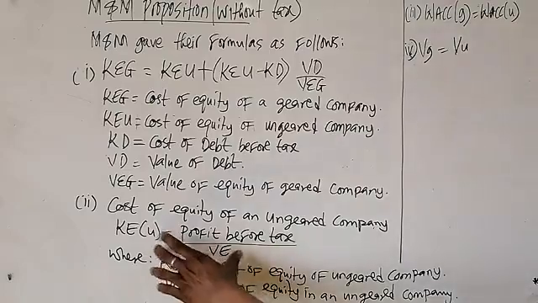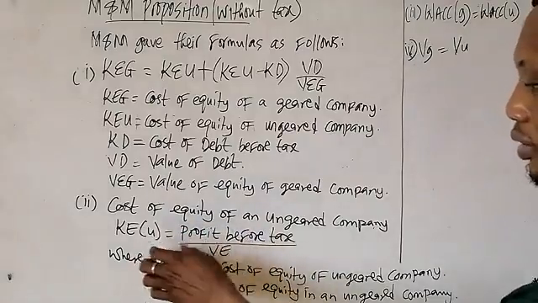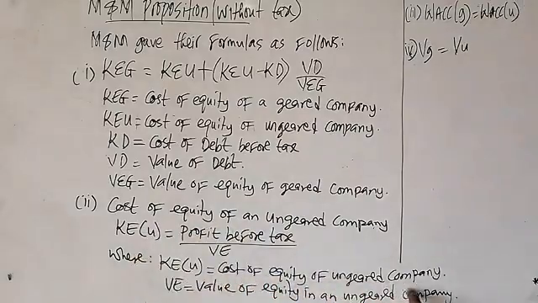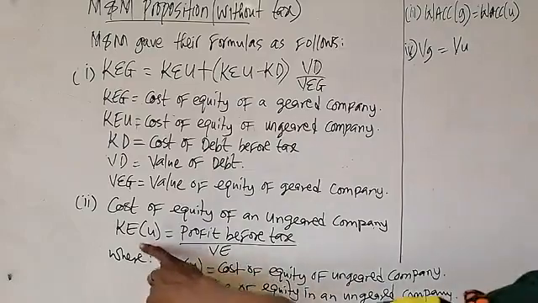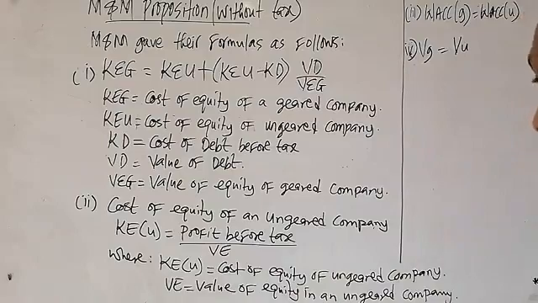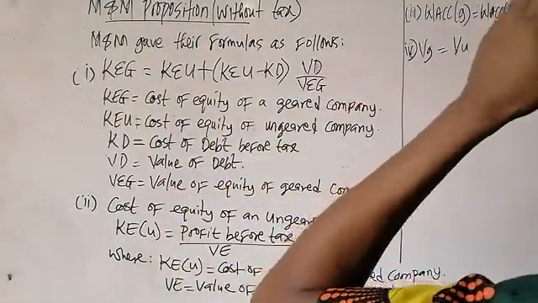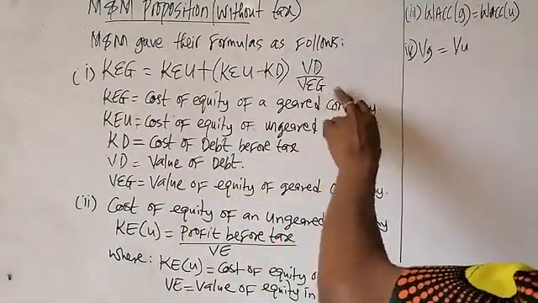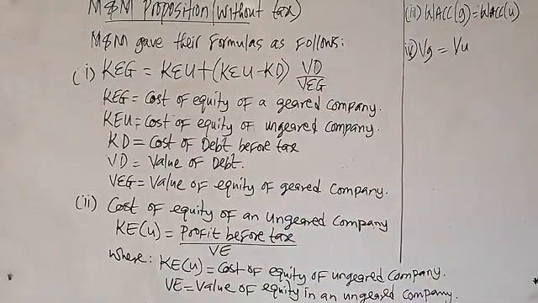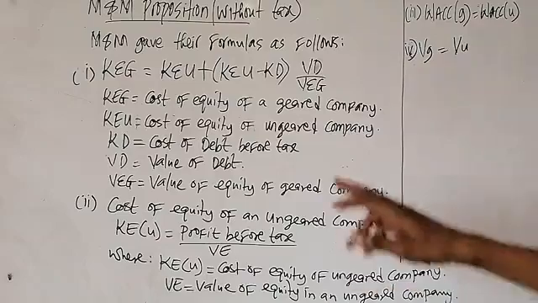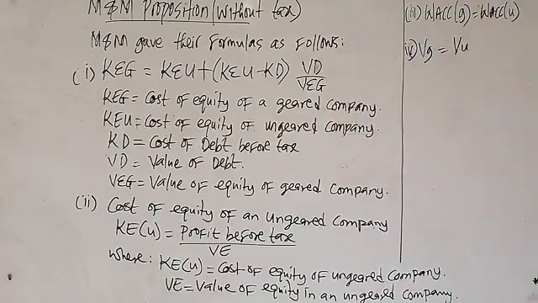So this is the formula for computing the value of equity of unlevered Z. There is no element of debt here in unlevered Z; here we are calculating for Z. So that's why we have the value of debt and the value of equity of Z.